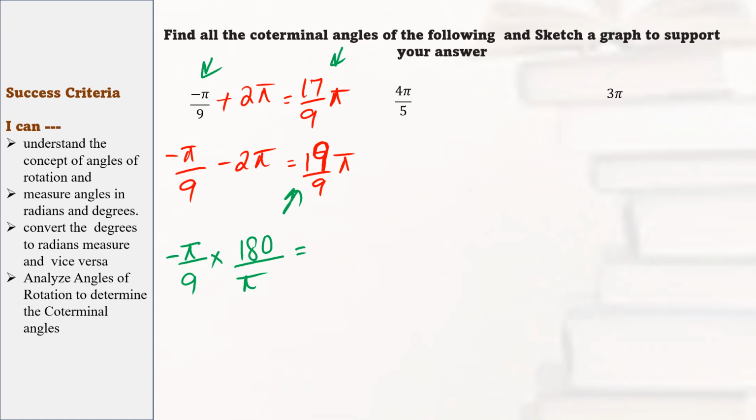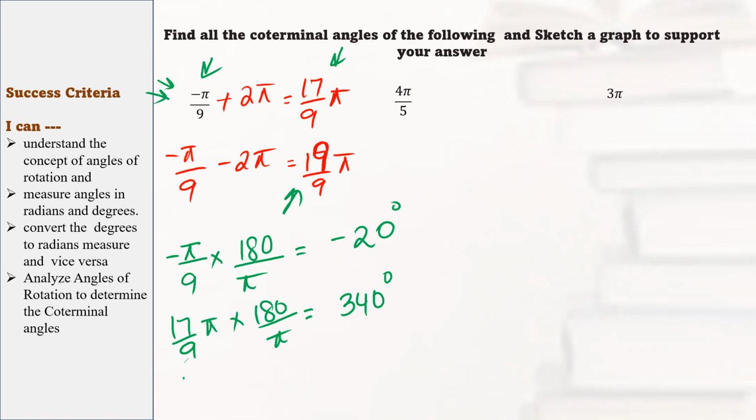I will get negative 20 degrees. So my answer for negative pi by 9 is negative 20 degrees. Now let's see 17 over 9 pi. If I multiply it by 180 over pi, I get 20 times 17, that is 340 degrees.